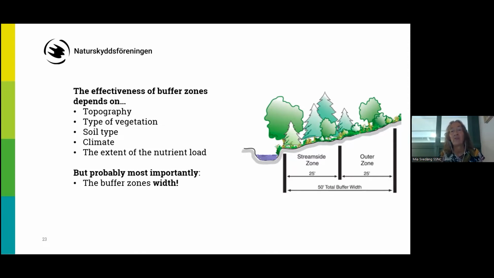And of course, the extent of the nutrient load. All these factors are important to decide how effective a buffer zone is. But probably the most important factor is the buffer zone width. So that's really important, how broad you make it. And usually the broader, the better.